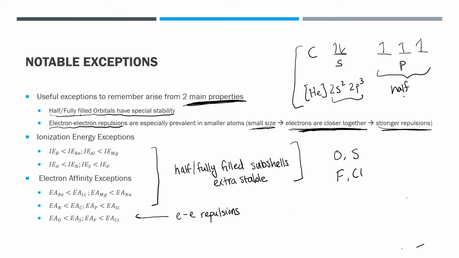If we add an electron to oxygen, because oxygen is such a small atom, the electrons will be close together and there'll be strong repulsions. Whereas if I add an electron to sulfur, it's a slightly bigger atom, so the electrons are slightly farther apart, and there's going to be less strong repulsions, meaning that our sulfur anion will be lower in energy, meaning that sulfur would grab electrons more readily than oxygen will. And that's what we see here in these exceptions.